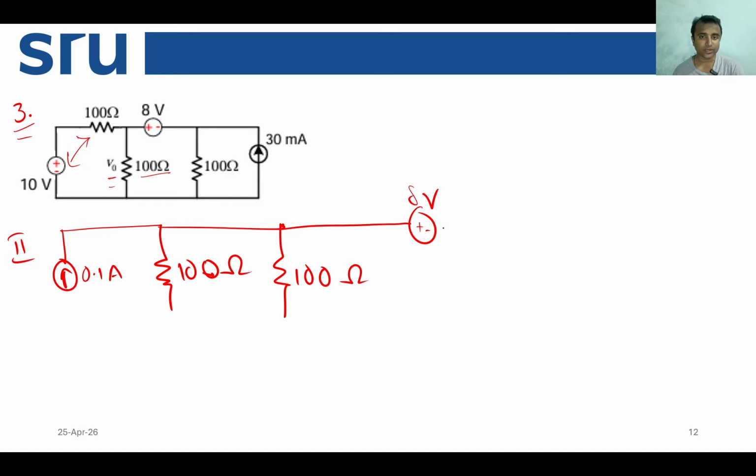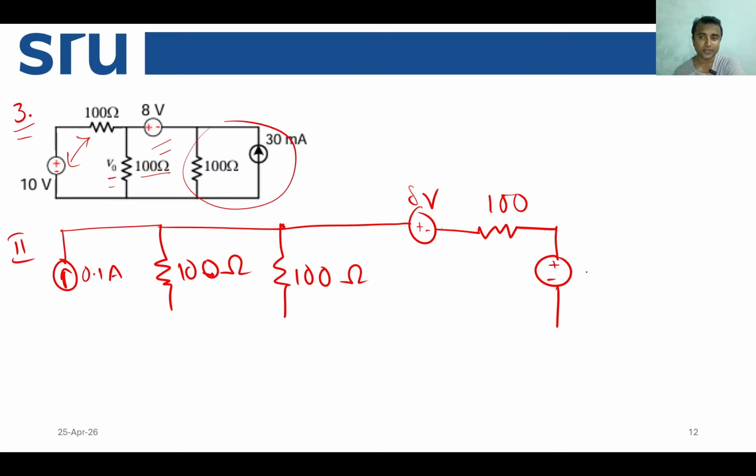Then you have 8 volt, and now you cannot directly convert this, because this 10 volt source is hindering us, right? So we need to convert these two parts into a voltage source and a series resistance. The series resistance is 100, that's okay, and the voltage polarity will be from down to top.